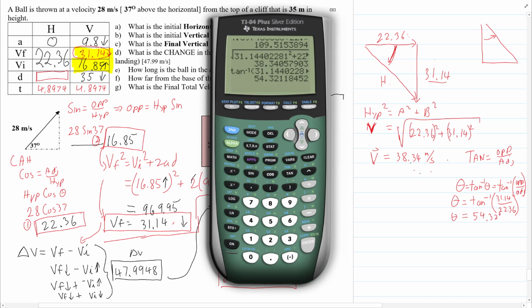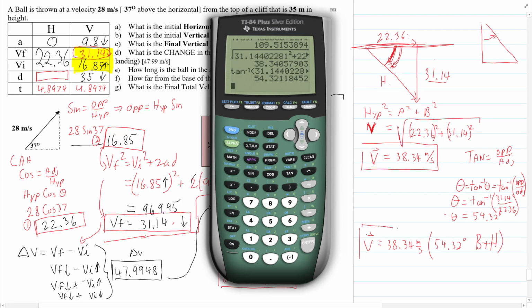But how do we write that together? There's my first part, my magnitude, there's my direction, and that's going to be below the horizontal. So the vector velocity is 38.34 meters per second, and the angle is 54.32 degrees below the horizontal.